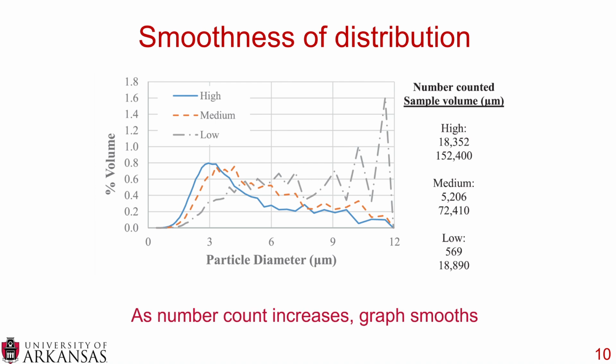So as the number count increases, the graph smooths. That's number one, and that was very consistent. And for this particular graph, it also shifts to the left, so the particles become smaller. It's the same material with no guidance on how many particles to count or what kind of volume to look at. We could have recorded both of these and felt we were not going amiss.